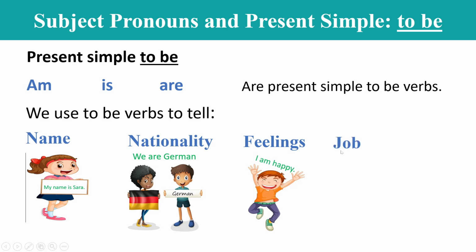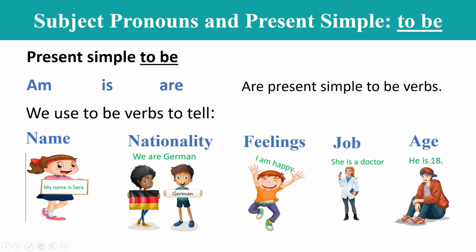To tell someone's job, like, she is a doctor. And to talk about someone's age, like, he is 18 or he is 18 years old. Good. As you saw, we use to be verbs to talk about names, nationalities, feelings, job, and age of someone.